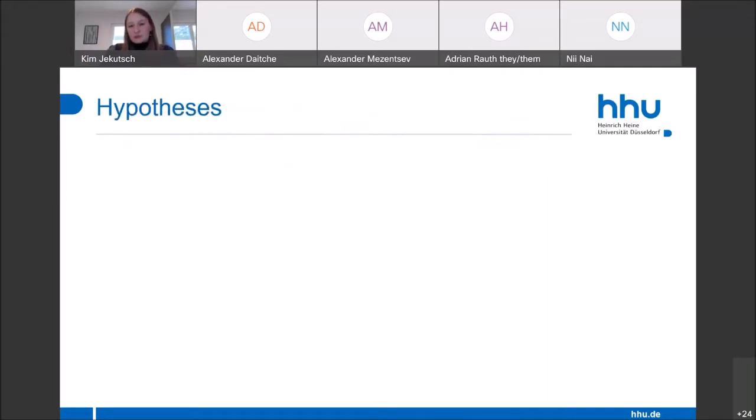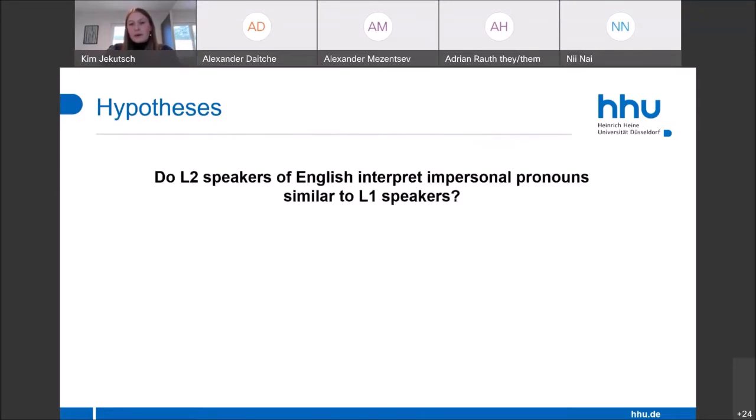So after I saw these results, of course, as a non-native speaker of English, I was interested in how L2 speakers of English use these pronouns and whether similar patterns occur, even though it has not been taught through any grammatical rule. So therefore, I came up with the research question: do L2 speakers of English interpret impersonal pronouns similarly to L1 speakers?